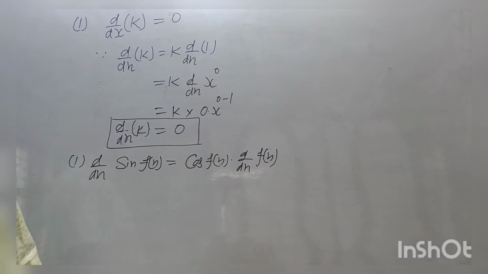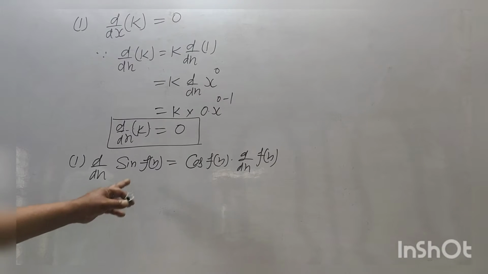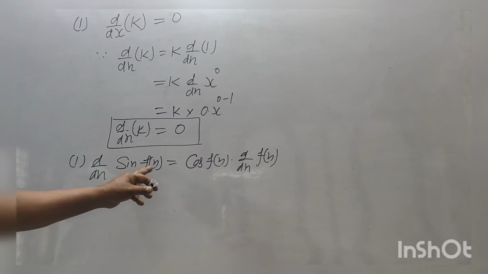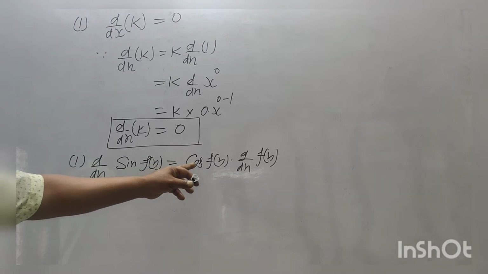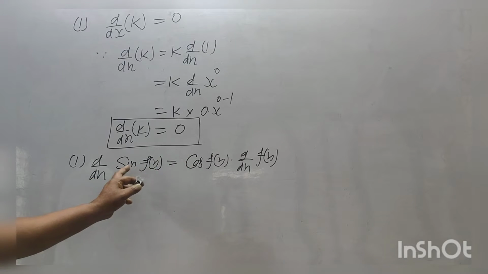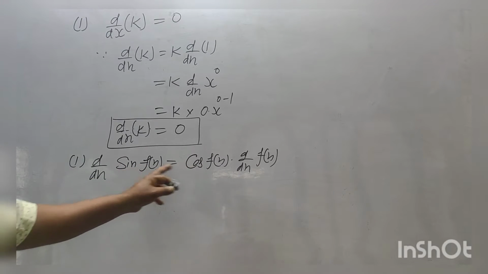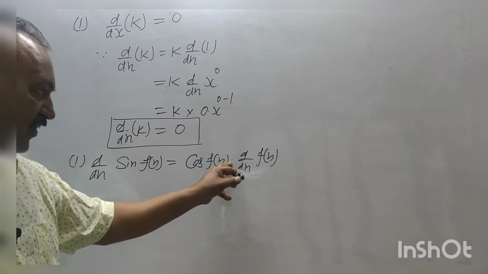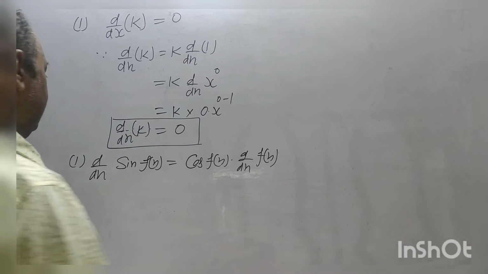This is the formula which we have to apply in the NCERT questions. Sin of fx is equal to positive, because it does not start from CO, cos of fx or further derivative of fx.